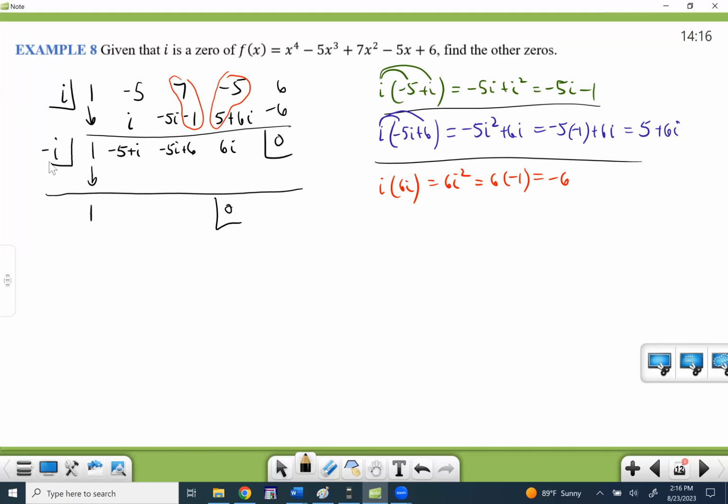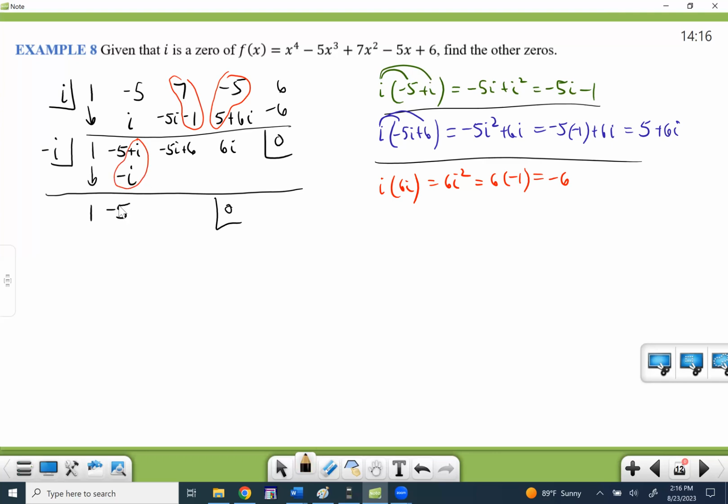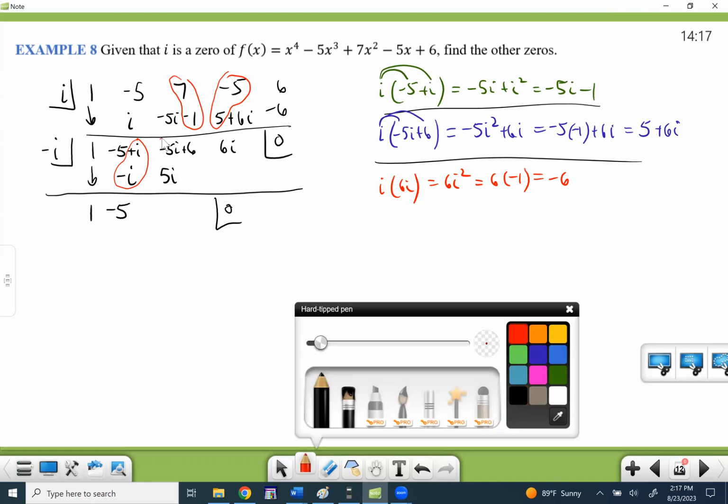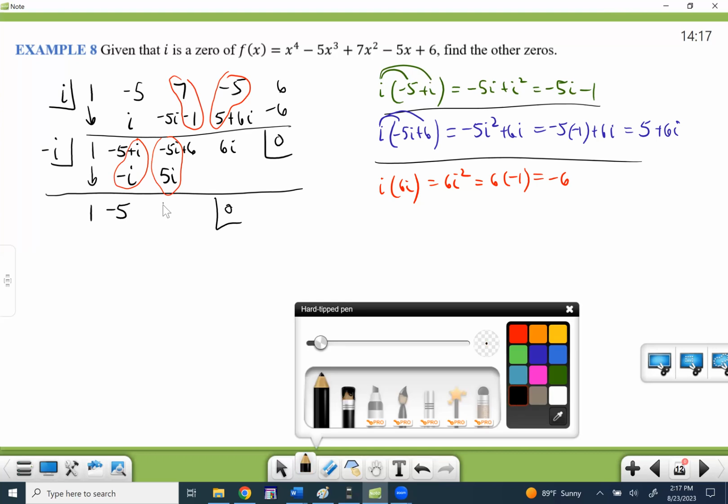All right, so negative i times 1 is just negative i. If we combine the like terms, those will cancel, so we'll just get negative 5. A negative times a negative will make this positive 5i. Again, look how nice this is. The second time around is so much easier, you guys. So just the 6 survives.